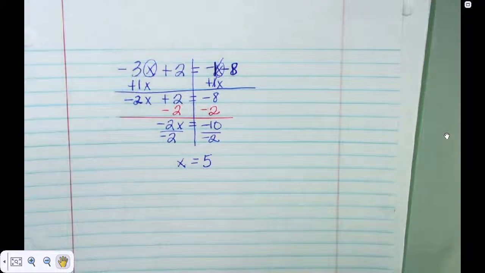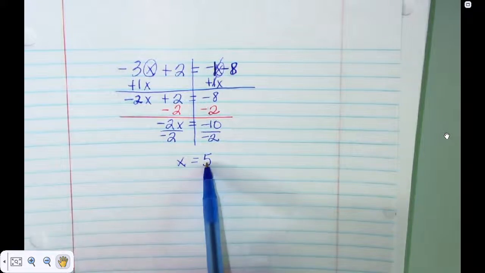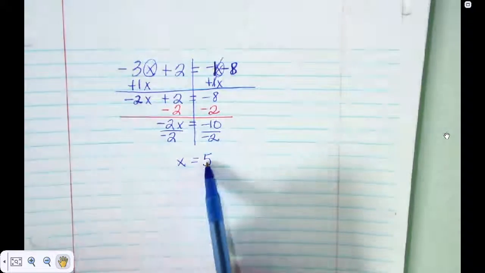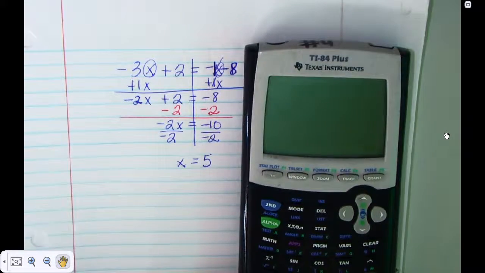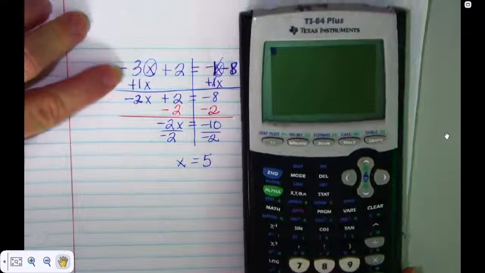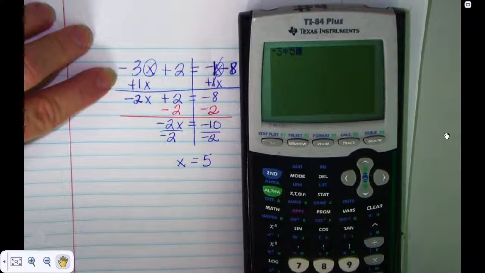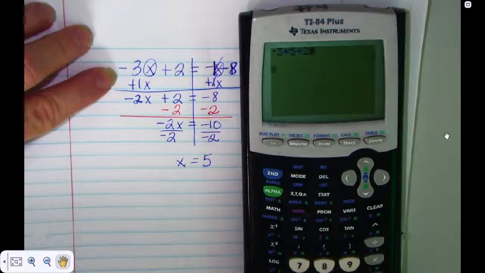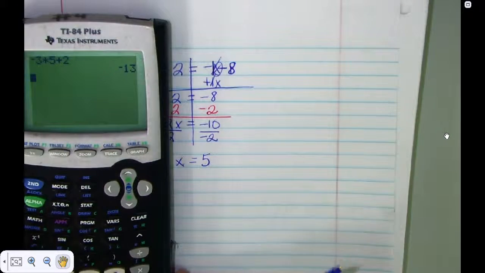Now to check it, it will be a little different. We will put x in the left side, so get your calculator. We're going to put x in the left side, negative 3 times 5 plus 2. Enter. And you should have gotten negative 13.